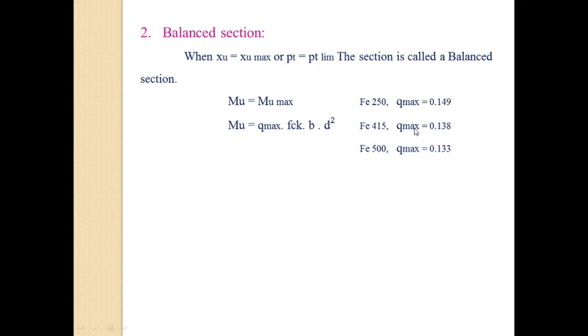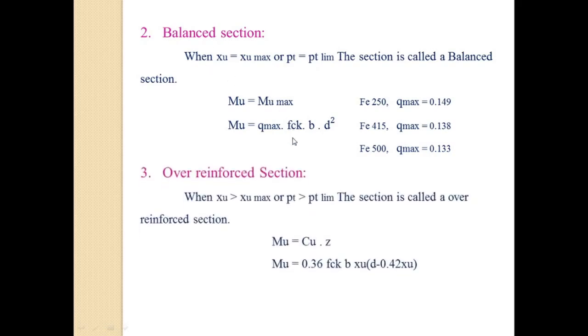For Fe415 it is 0.138, and for Fe500, Q max is equal to 0.133. Suppose we are taking the grade of steel as Fe415, then the formula is Mu is equal to 0.138 FCK BD square for a balanced section.